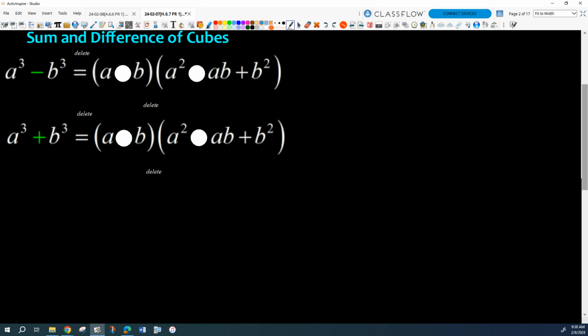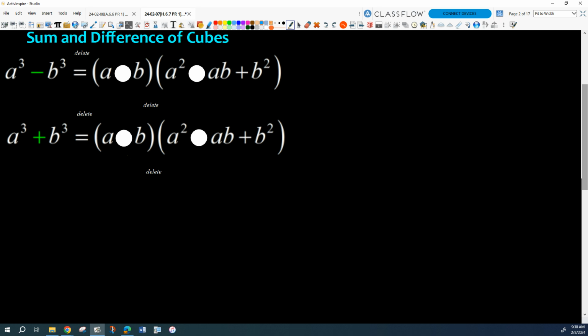All we have to do is just fill in these operations. What are the symbols there? Are they plus or minus? The last symbol is always plus. The only two that ever change are just the first two symbols. And here's the pattern.